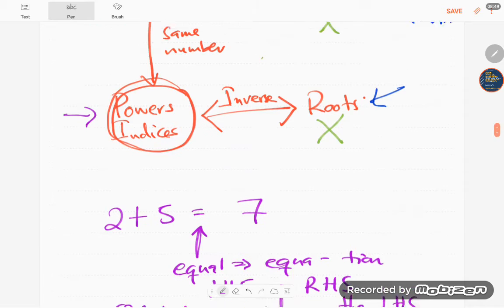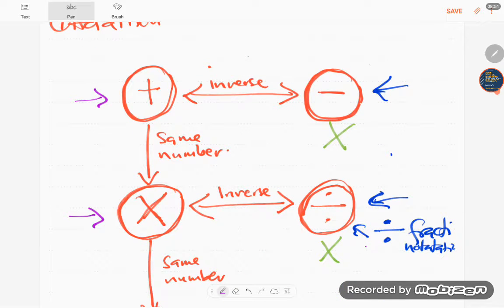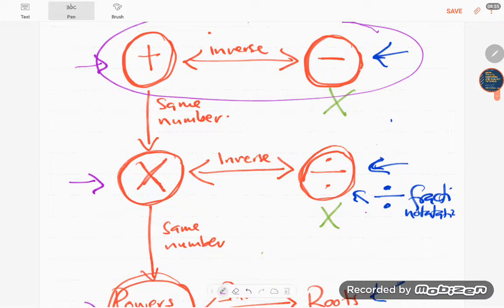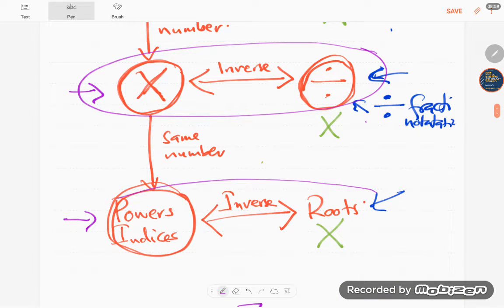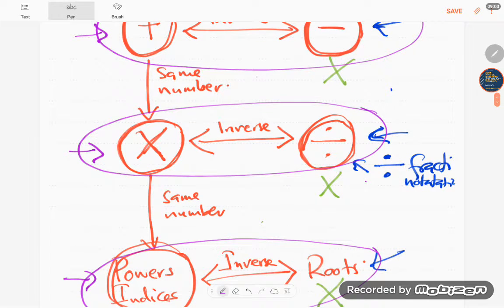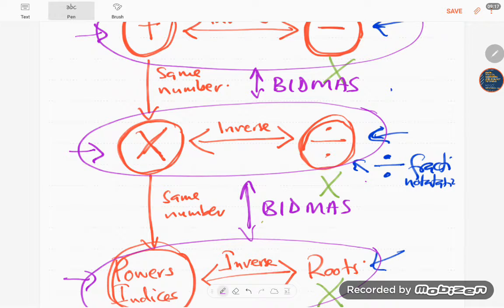So notice how this here falls in the same category, okay? And this here kind of falls in the same category. This here kind of falls in the same category, right? And you'll notice how if you want to crossbreed between these, or mix them, then you have to invoke your order of operations. So it's mostly when you are crossing between these that you have to invoke that.